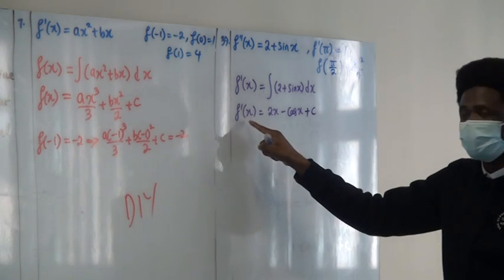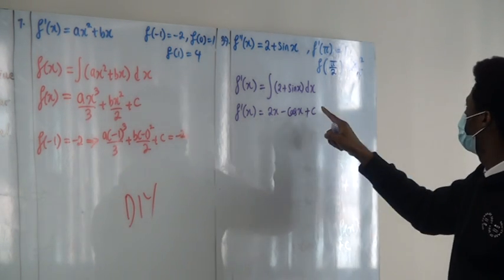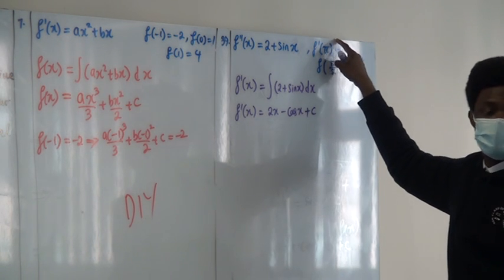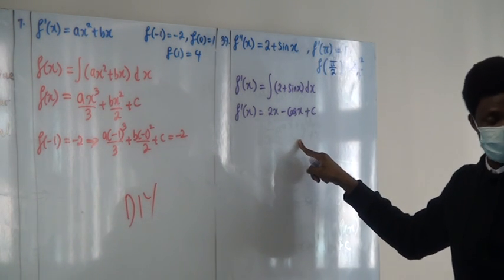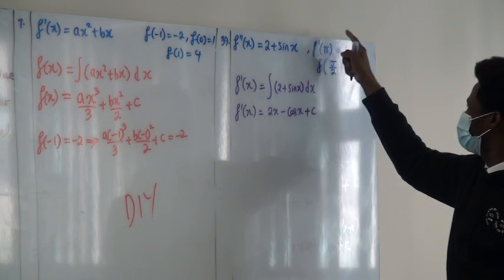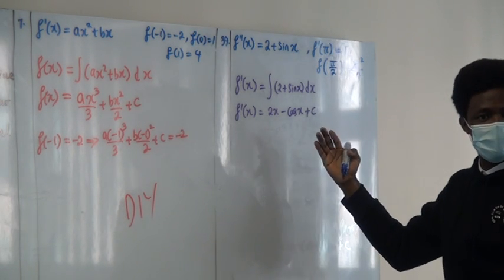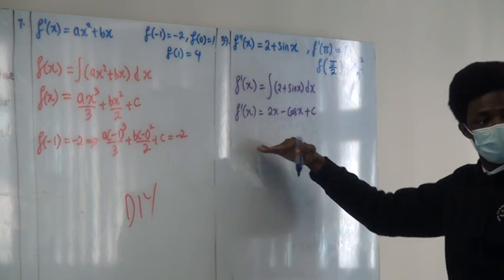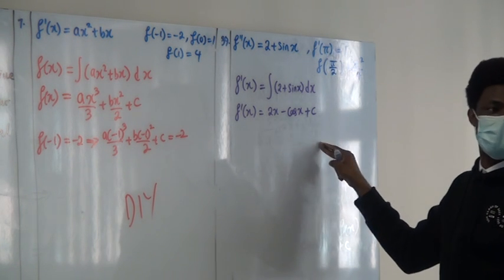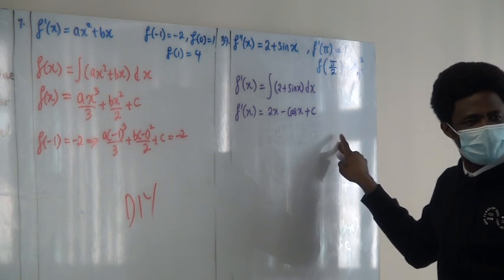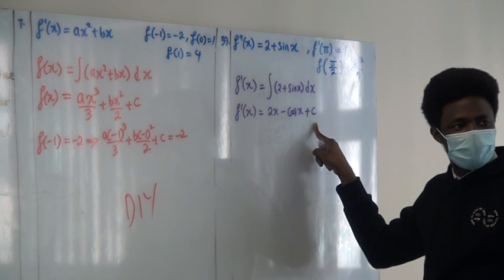Then check. Do you have any information regarding f prime? Yes, we do. In some cases you don't have it. In some questions here you have f of something twice. Which means you continue to differentiate until you get maybe plus cx plus d. Understand what I mean? The first gives you c, right?